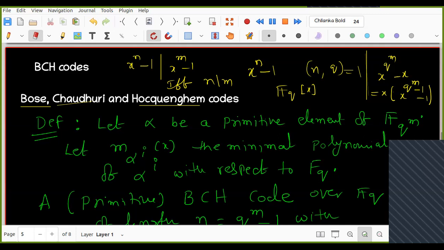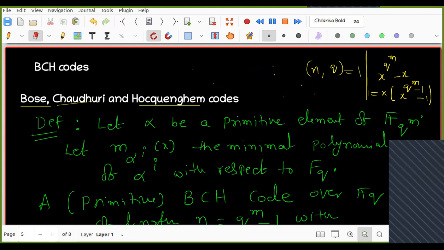So the BCH code with n equal to q power m minus 1 is called primitive. Any doubts? First, primitive, non-primitive. I hope there are no doubts related to primitive and non-primitive. Right? Okay.